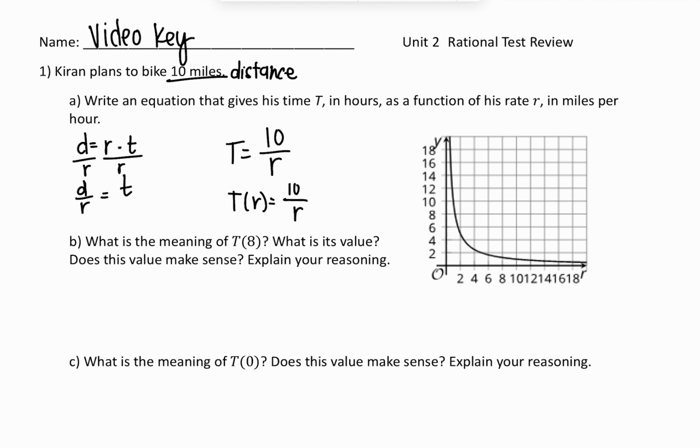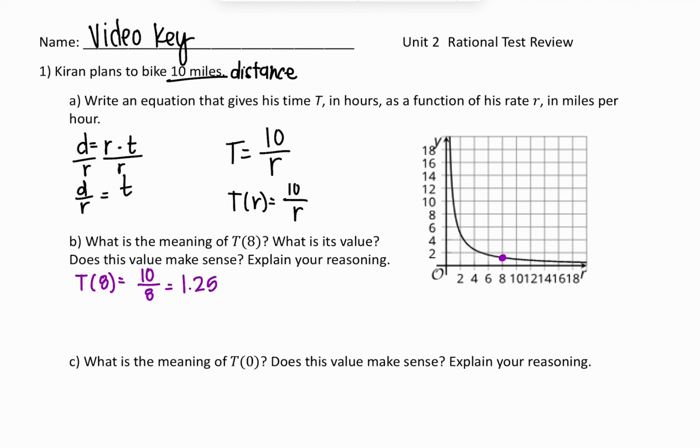And then what is the meaning of t of 8 and what's its value? On the graph, t of 8 is about right here, where I made that purple dot. So t of 8, let's find the value first. T of 8 is going to be 10 divided by 8, which is 5/4 or 1.25.